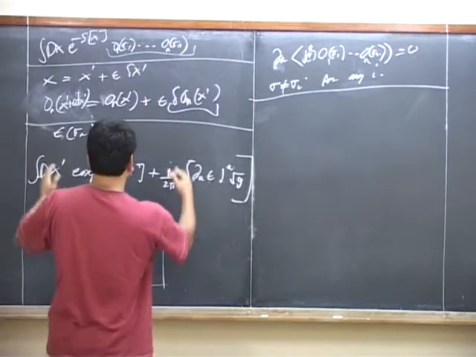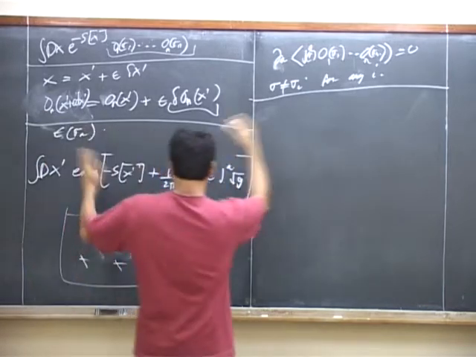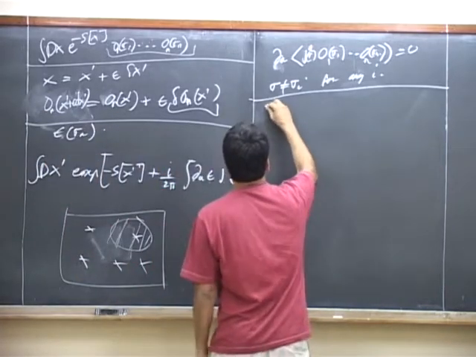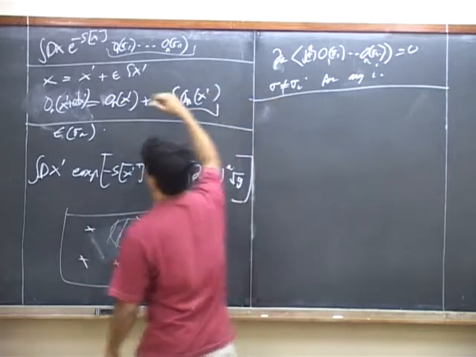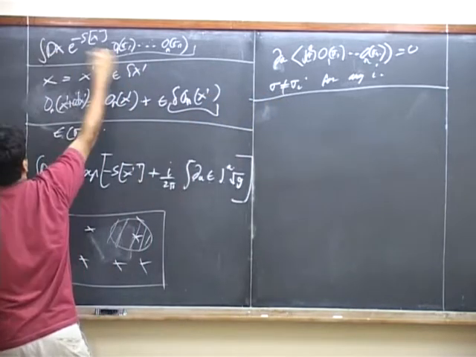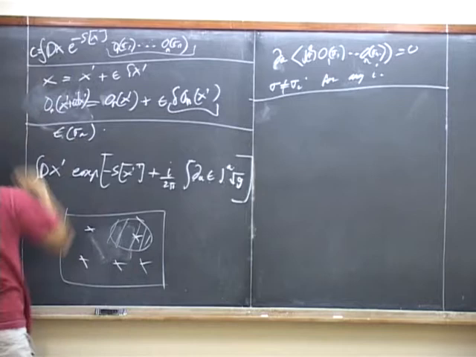The first thing we see is that when we do this change of variables, we get that the partition function, let's call this quantity C, is equal to this.